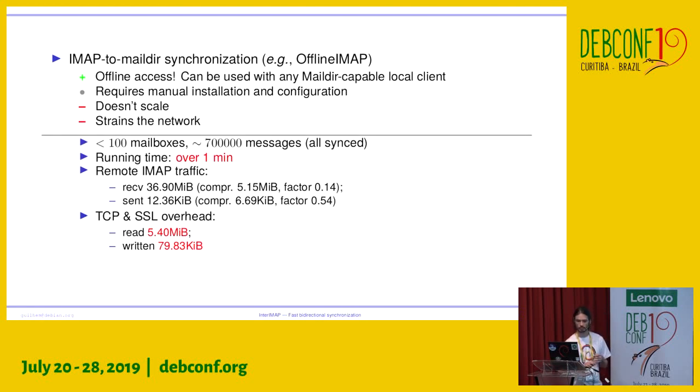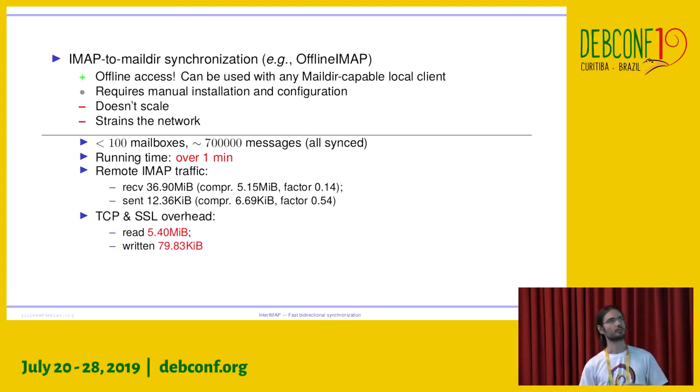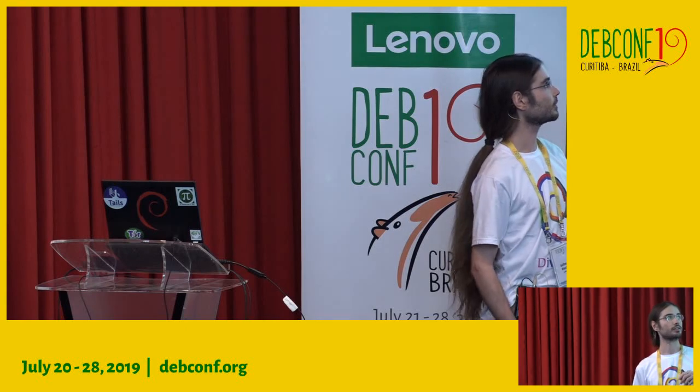sadly. And this is a simple benchmark. I have less than 100 mailboxes, about 700K mails, and they are all in sync. So it's really a dry run. There is nothing to do and nothing to download, just checking. Yet there is over 35 megs of IMAP traffic.